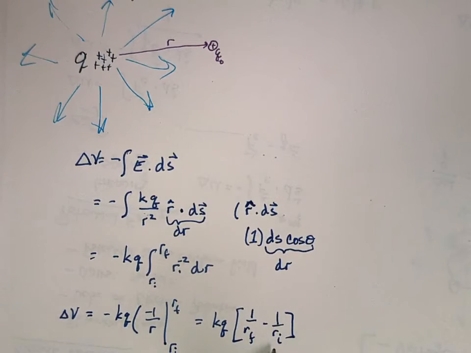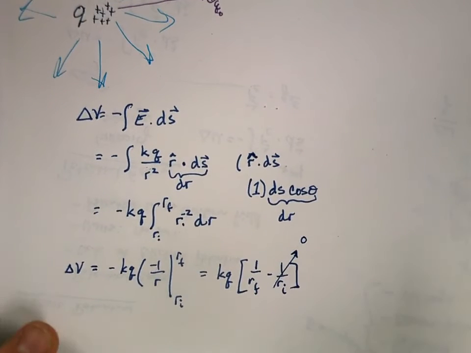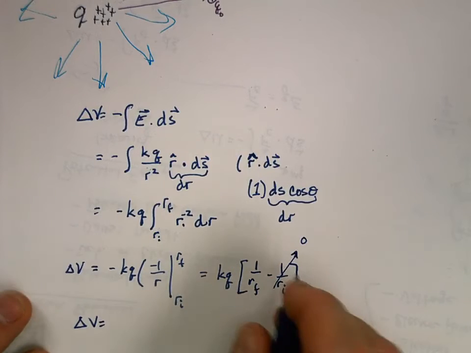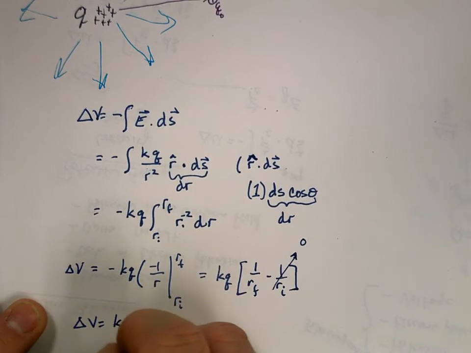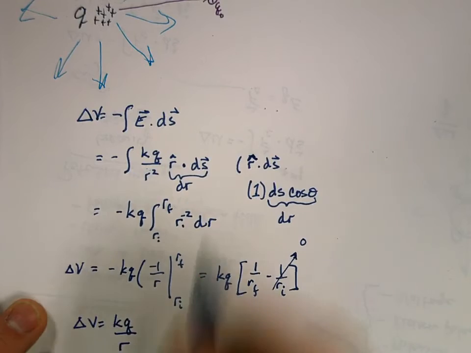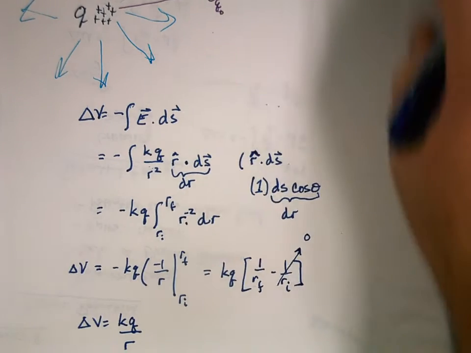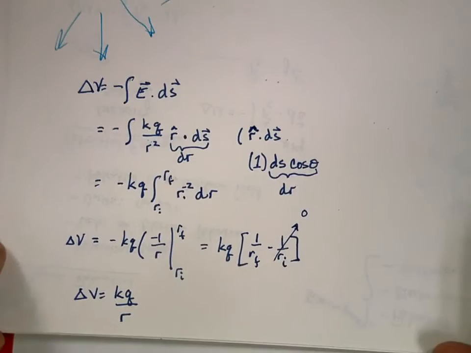If our initial r is infinite, 1 over infinity is ostensibly 0, so that term goes to 0 if we start from infinite distance away, and our voltage equals kQ over r, which is just the distance that we are away from our original charge.